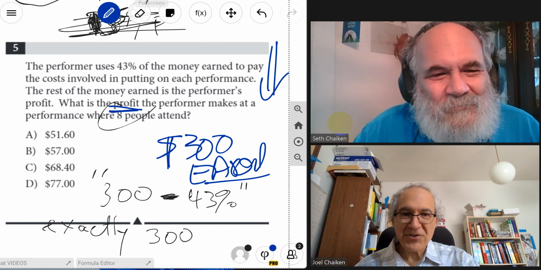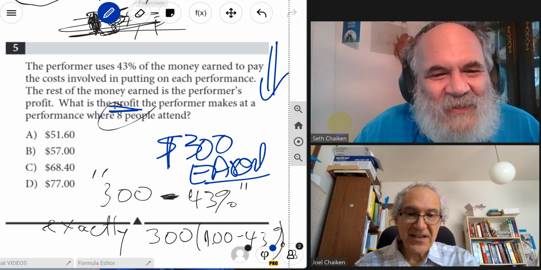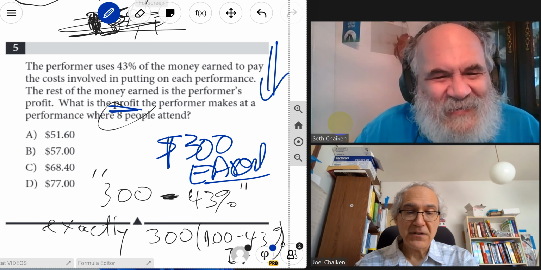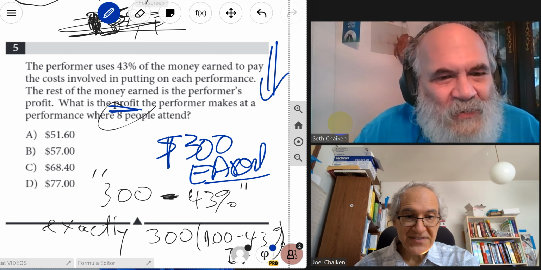You have to be careful: if you just do 43% of 300, then you have to take that away from 300. You just have to be careful to answer the question. So it's 0.57, and this is where a calculator really comes in handy. So the answer is 0.57 of 300.